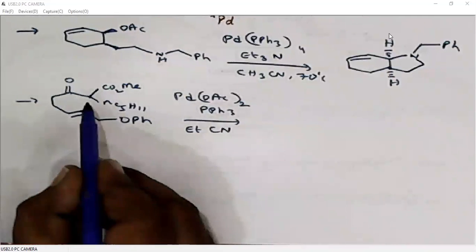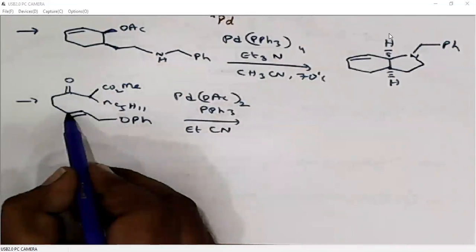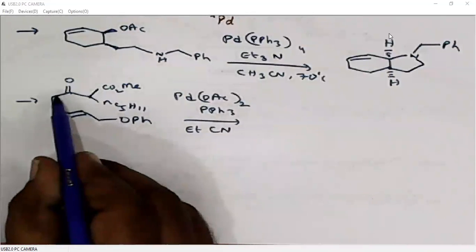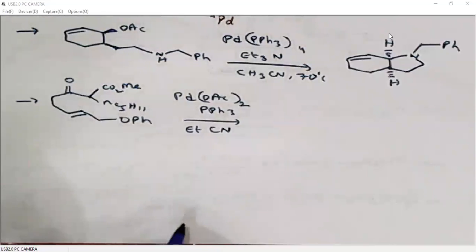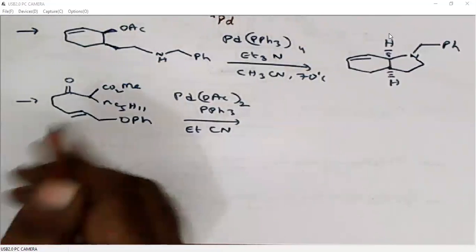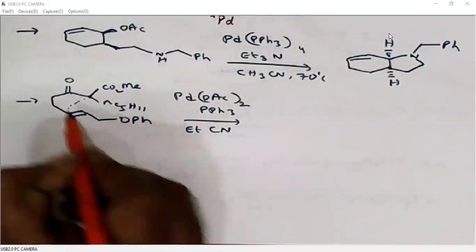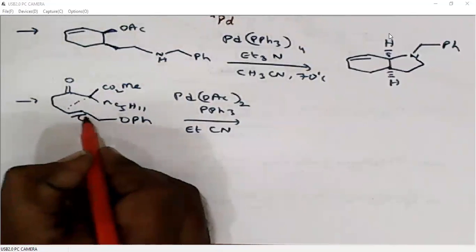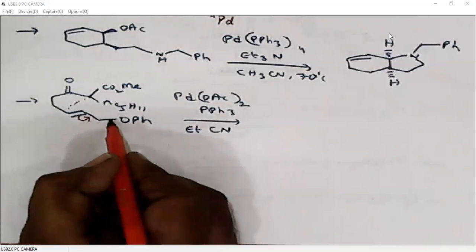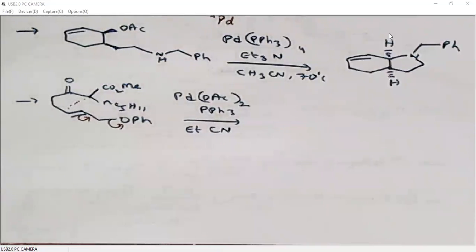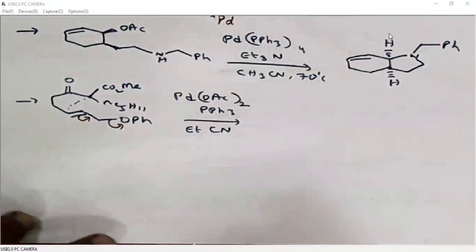For example, if this carbon couples here, 1, 2, 3, 4, 5, then there is a possibility for the formation of a 5-membered ring. So these two will couple with each other, then this double bond will undergo rearrangement, then OPh is a leaving group. So what is the overall reaction?